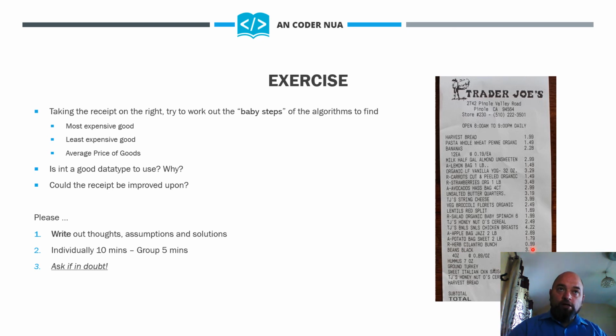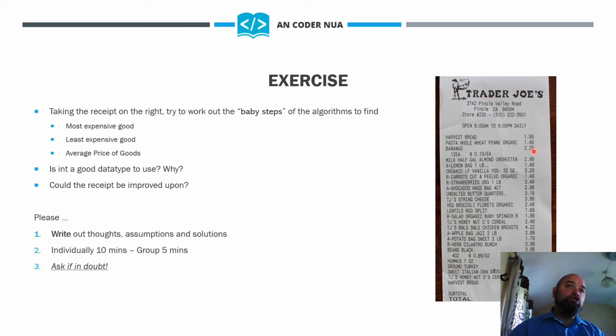Now if you think about it, what I actually did there, and this is a bit of a hint, is I started off with the first item. I said, okay, for the first item, I know that it is both the most expensive and the least expensive.